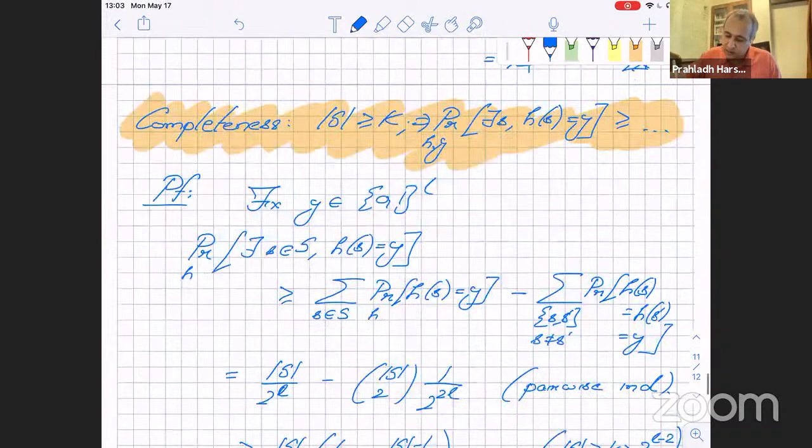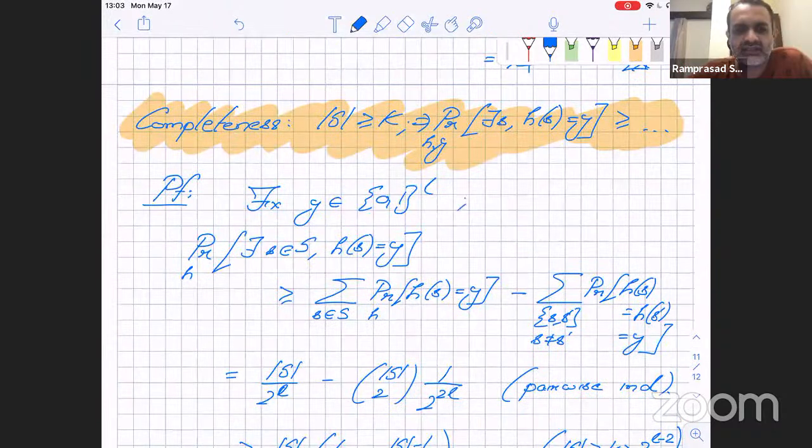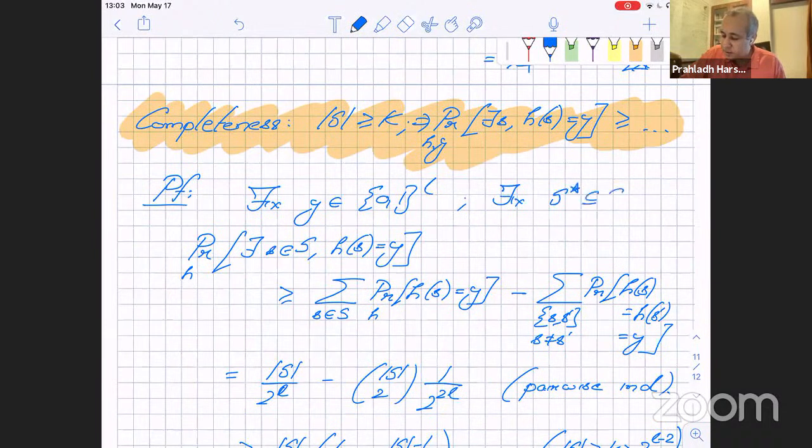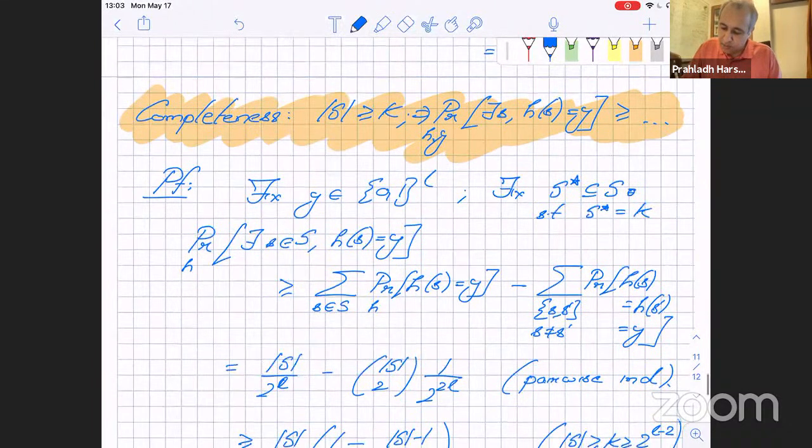Actually, that doesn't help, right? Let's fix an S star subset of S such that S star is exactly of size k. And this quantity, I'm going to write as greater than or equal to the probability that there exists S in S star with HS equals 1.